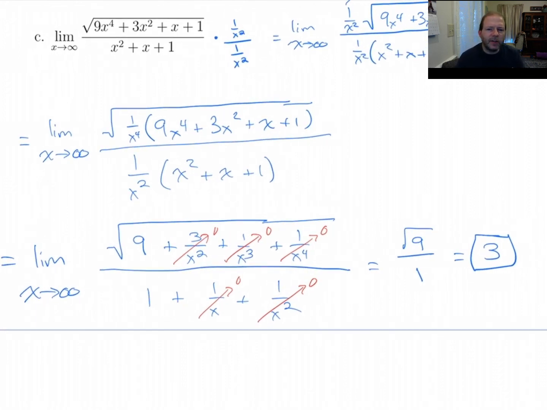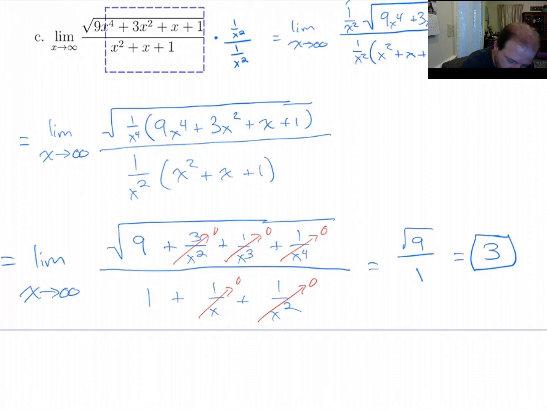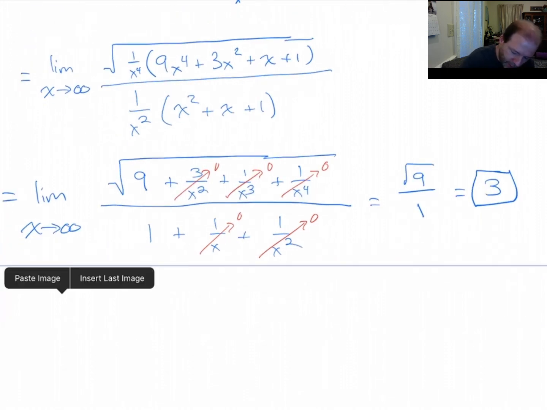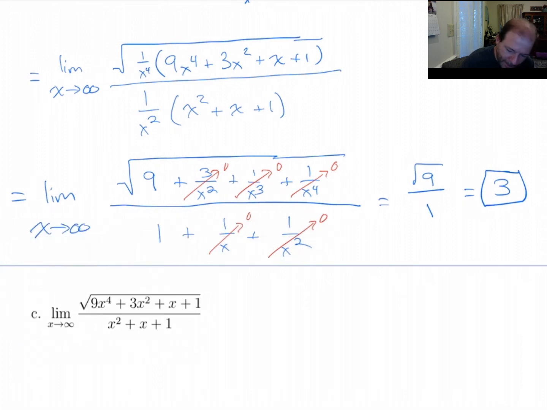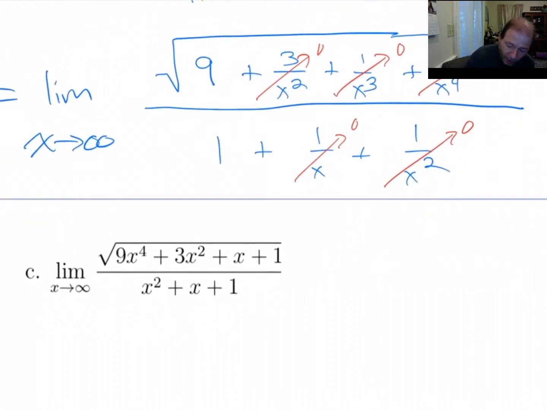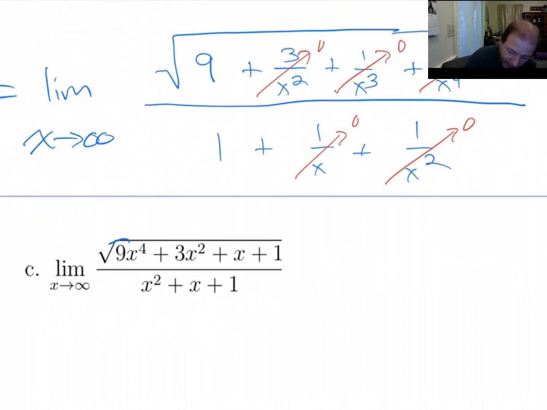And you might ask, is there a quicker way to do this? And the answer is yes. Let's take this and copy it. I'm going to come down here and redo that problem. Truth is, you can take this and look at it and say, well, the top, I've got 9x to the 4th.